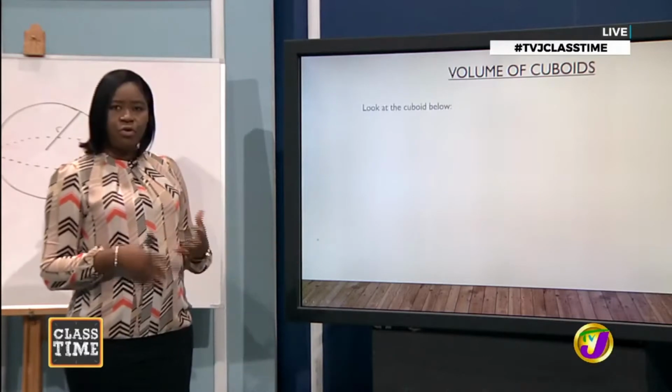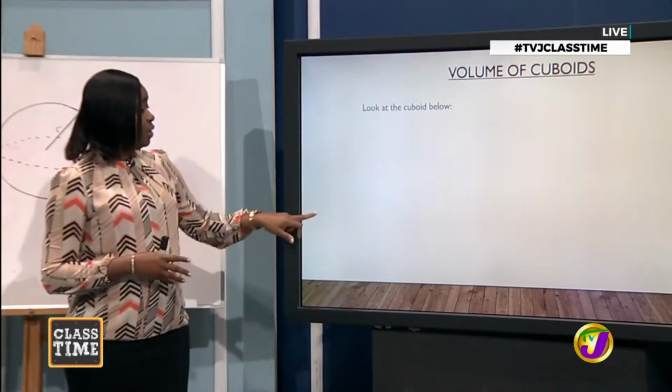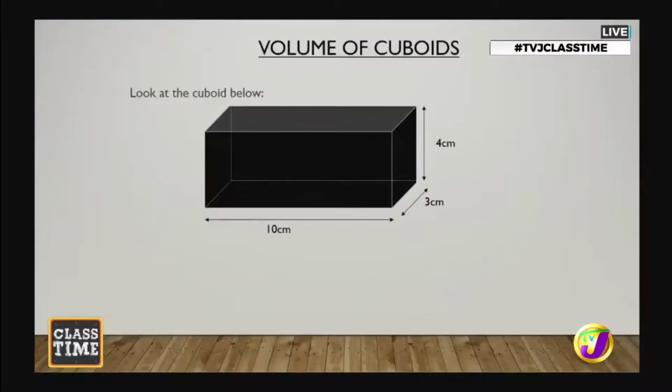So let us review how to calculate the volume of cuboids. Let us look at this cuboid here, which has a length of 10 centimeters, width of 3 centimeters, and a height of 4 centimeters. And we want to find the volume. Before we can calculate the area of the cross-section, we need to identify the cross-section.